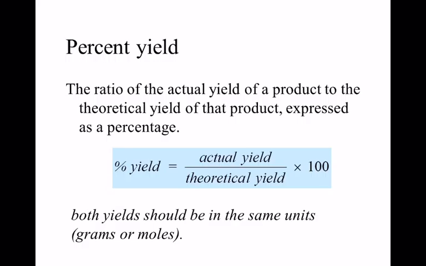Now we're on to one other type of calculation related to theoretical yield and actual yield. It's called percent yield, and it's just a division. It's a relative amount: what you got back on the top, your actual yield, divided by what you thought you should have gotten back, your theoretical yield, on the bottom.